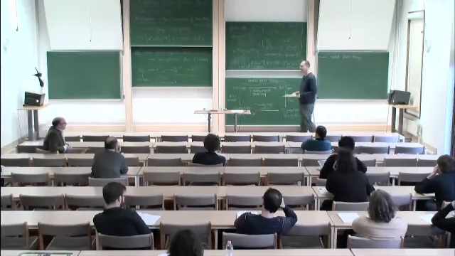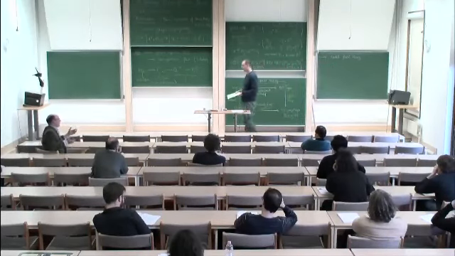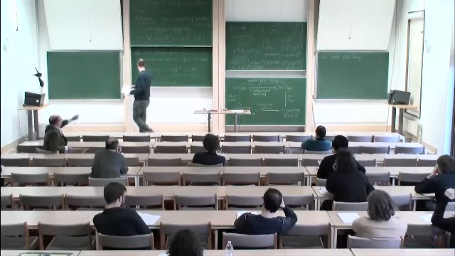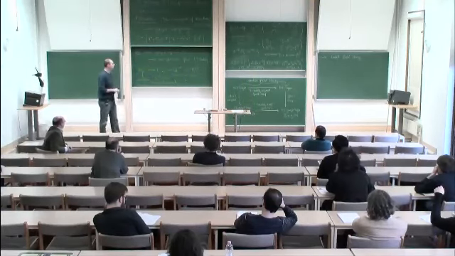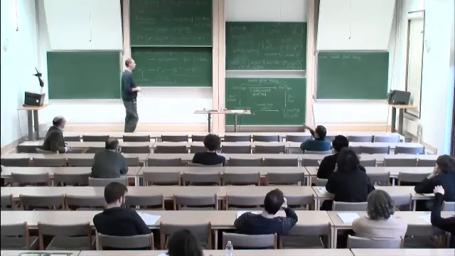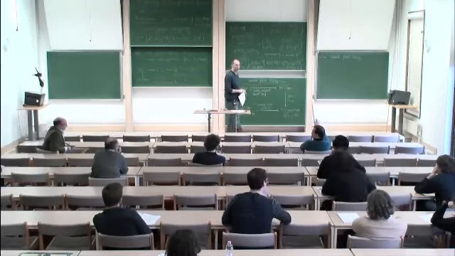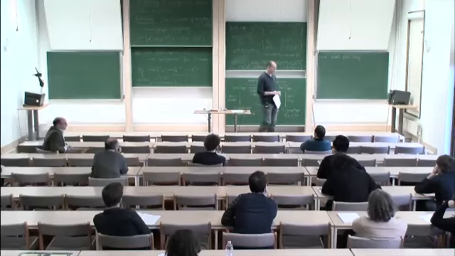What are you worried about? Because you can always just do a field redefinition and define a Q. You were motivating this thing over here based on T-duality, and then this Q is on a torus, right? And this Q is in flat 10-dimensional space so far, so they're really different.